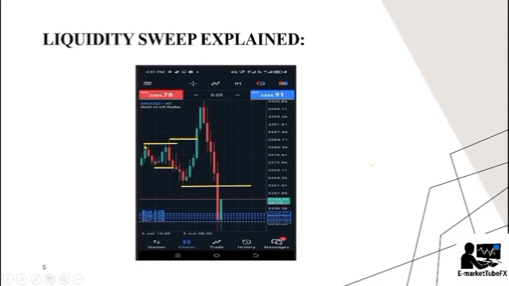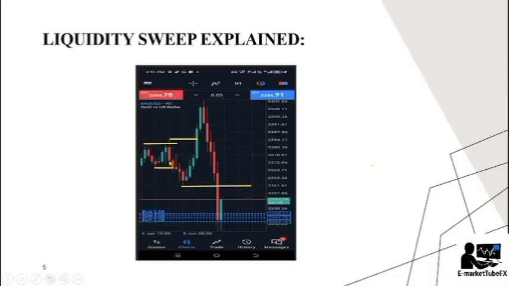So all traders who joined the bearish move that came down, traders who sold the market from this particular high to this low, have their stop loss here, hoping that the market will continue to sell up to this low. But look, as price got here, price reversed.